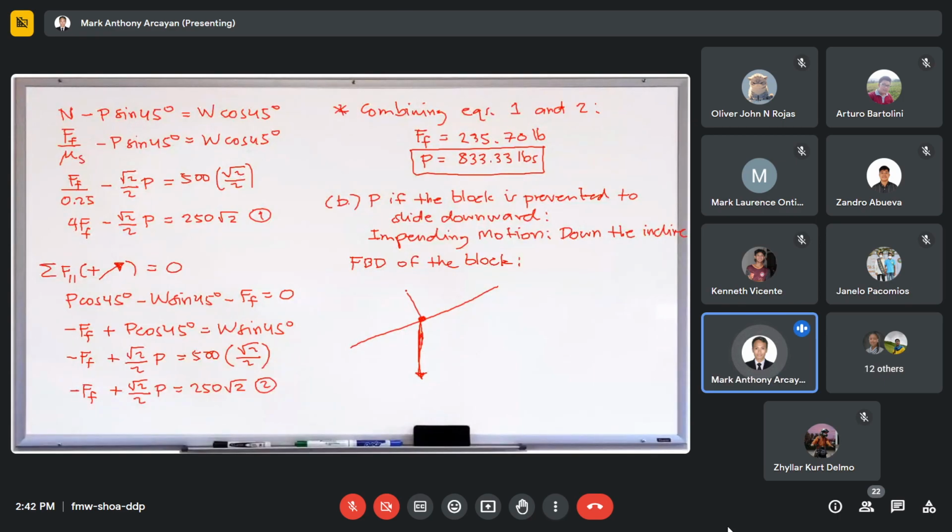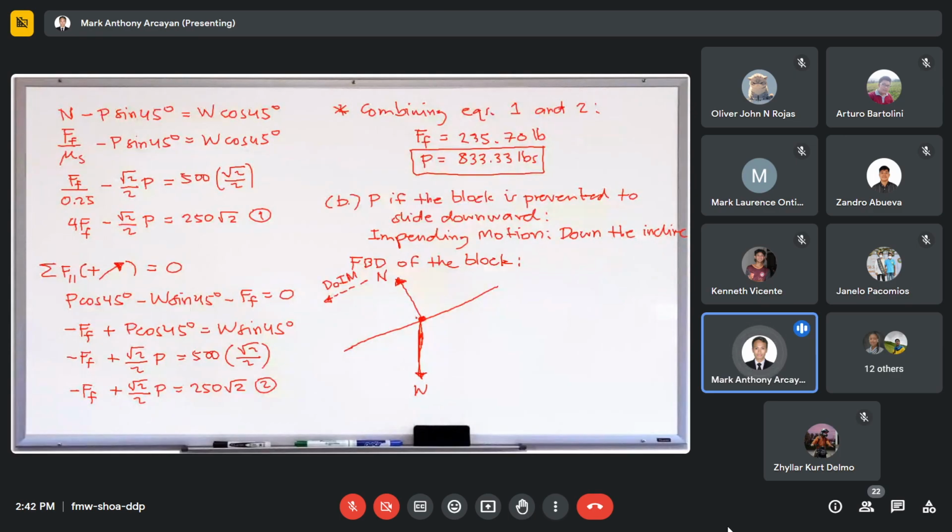Then normal force, always naa siya perpendicular sa inclined surface. Then ato indicate ang impending motion. So down the inclined plane na siya this time, so paubos na siya. So this is our direction of impending motion. Mao na siya imong clue sa direction sa imong frictional force.